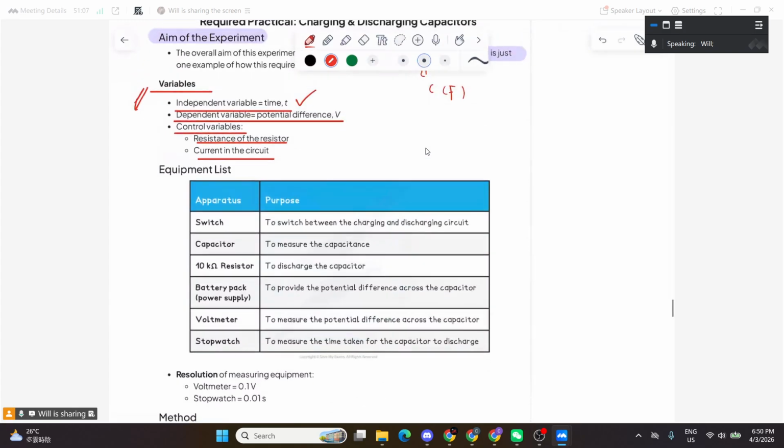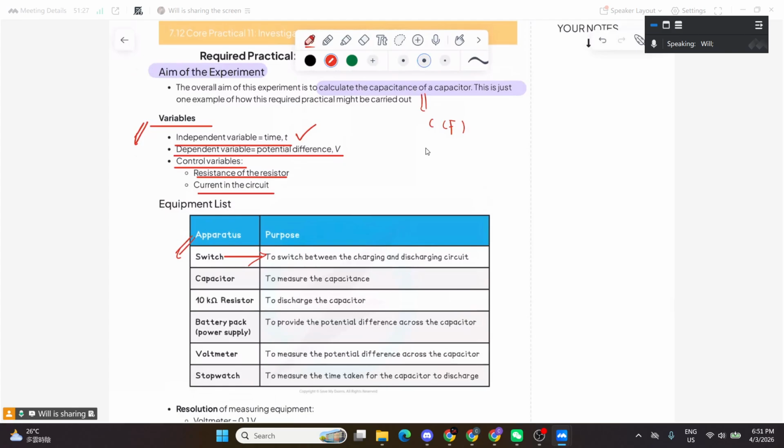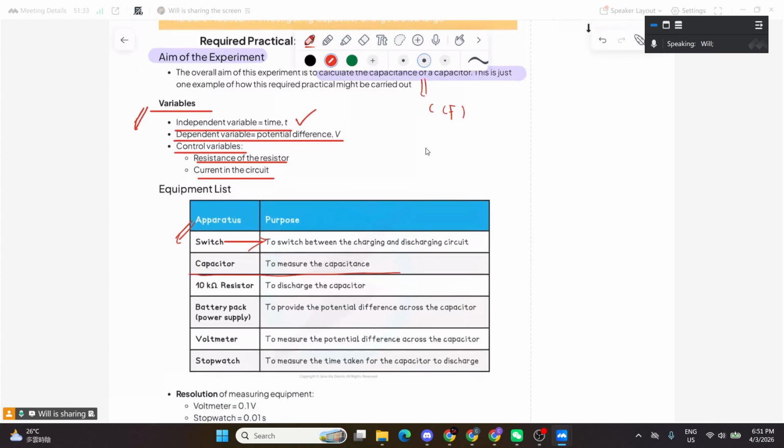Okay, here's the equipment list. The first apparatus that we need is the switch, and the purpose is what? To switch between the charging and the discharging circuit. And the second one is the capacitor. The purpose of the experiment is to calculate the capacitance of the capacitor, so we have to have this one, okay?